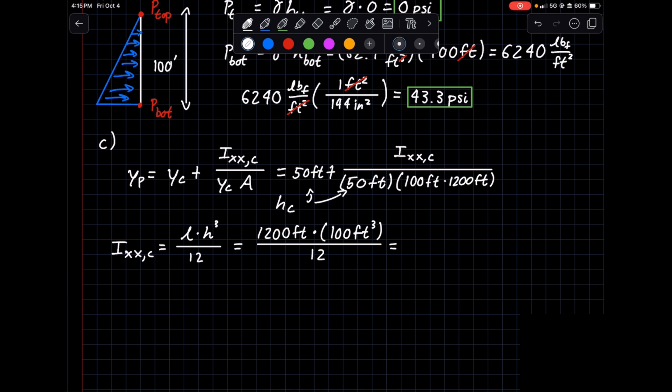So let's see what this will come out to. 1200 times 100 cubed divided by 12. Oh, that's actually perfect. This is 1 times 10 to the 8th feet to the 4th.